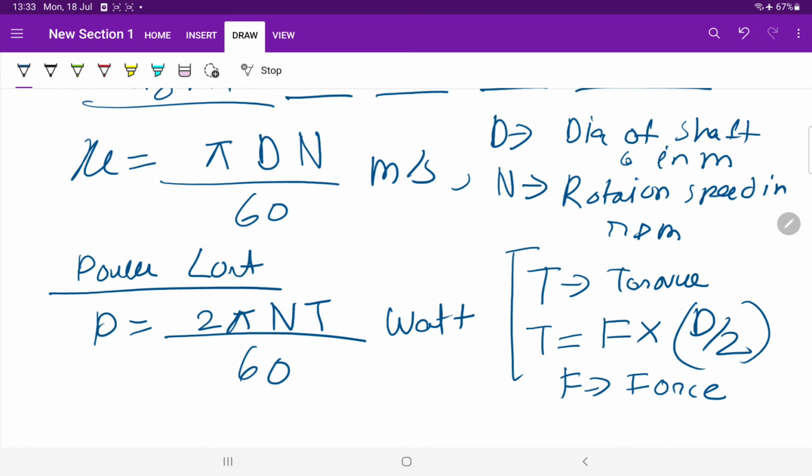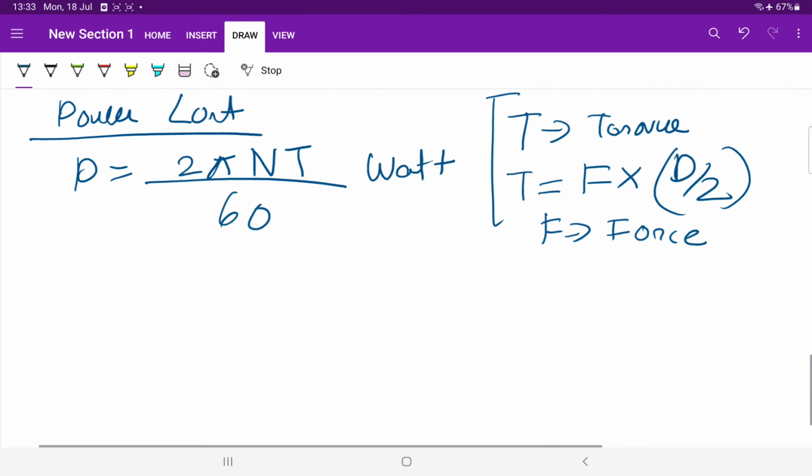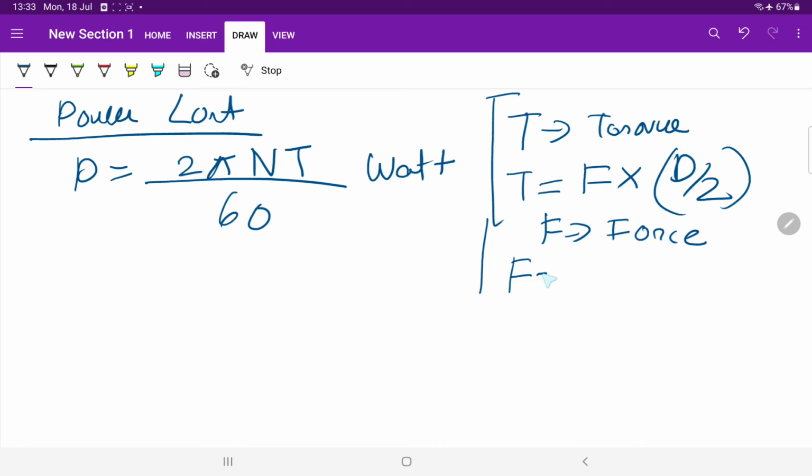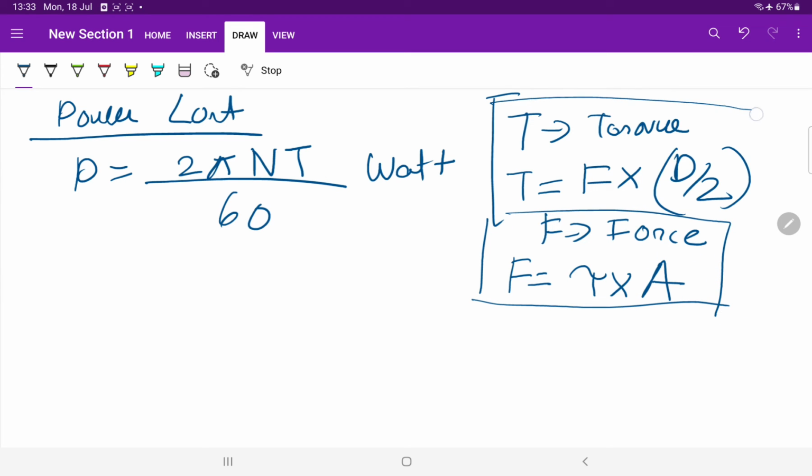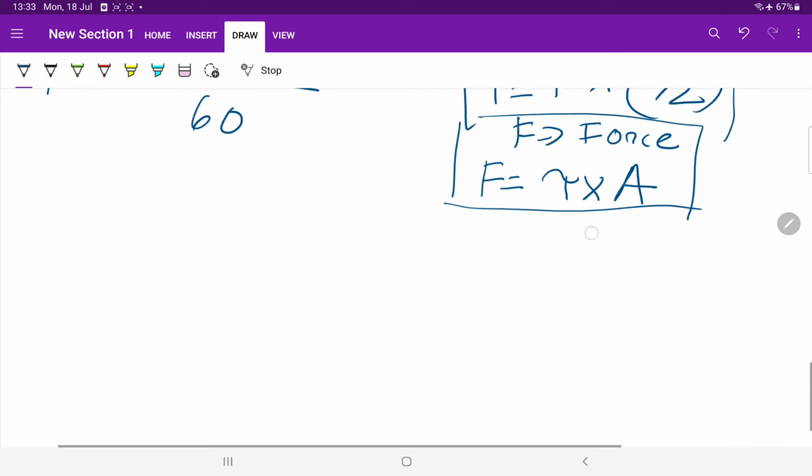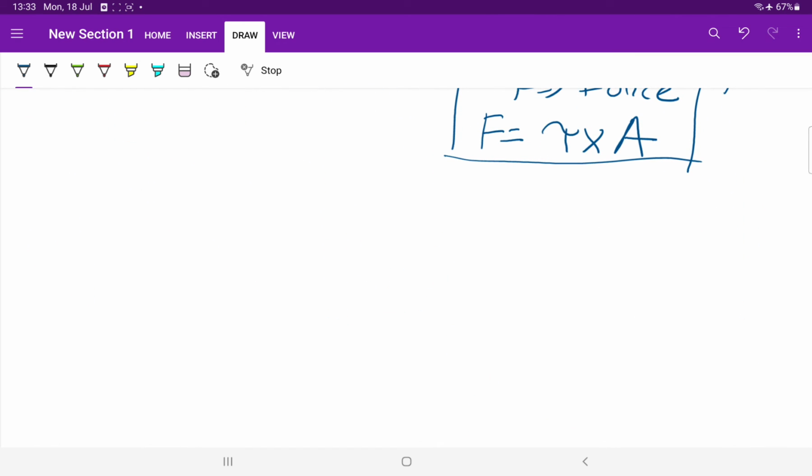Now this F force also is equals to your tau into A. So stress is Newton per meter square and area is meter square, so this will give force in Newton. So these are the additional formulas which you need for the numericals. So let's just begin solving the numericals here.